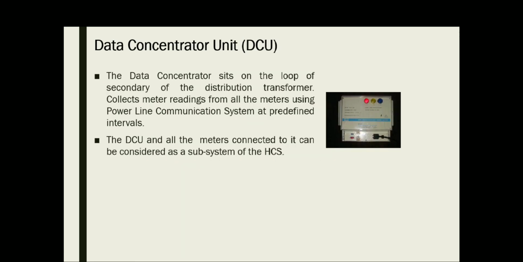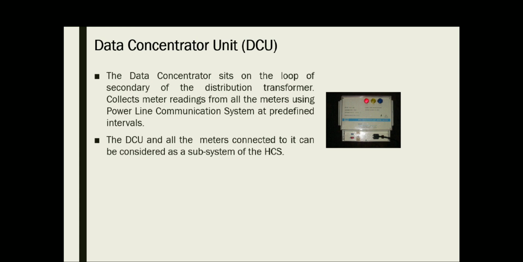And another component in an AMR is the data concentrator unit. The data concentrator sits on the loop of the secondary of the distribution transformer and collects meter readings from all the meters using a power line communication system at predefined intervals.